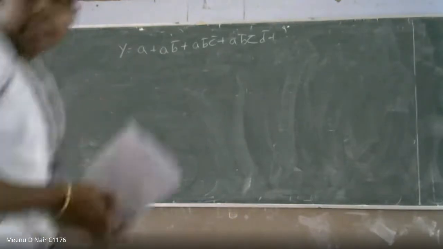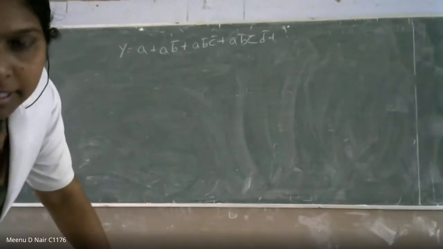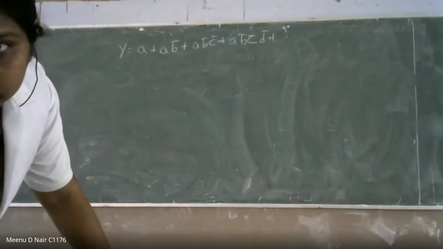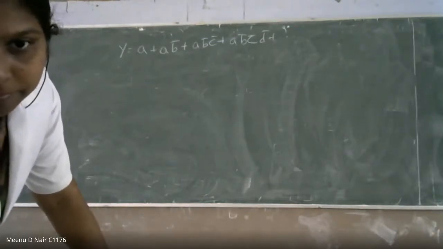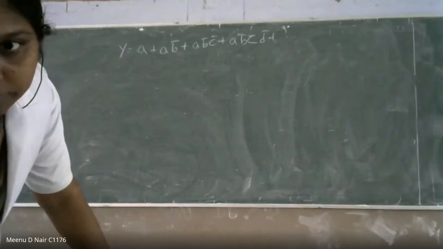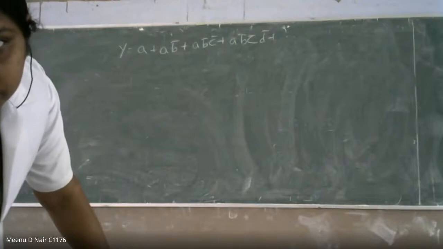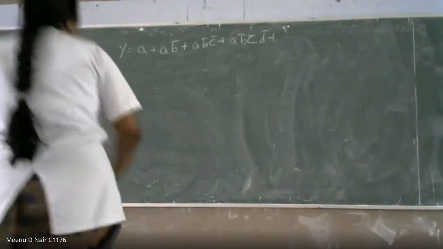Yes, I got an answer from Sharanya. Sharanya is telling this is A. Is there any other answer? Shivashaktivel is telling this is A. How A comes?